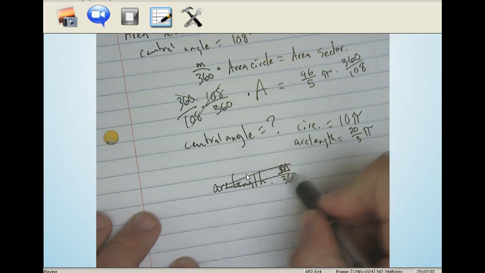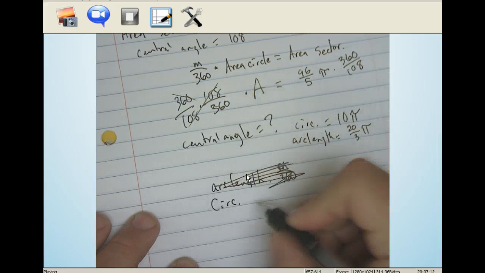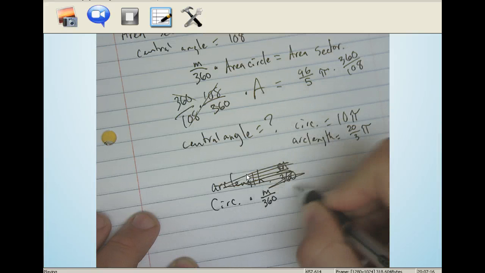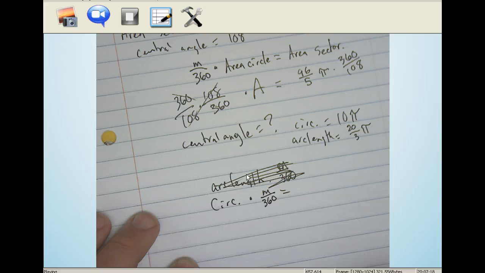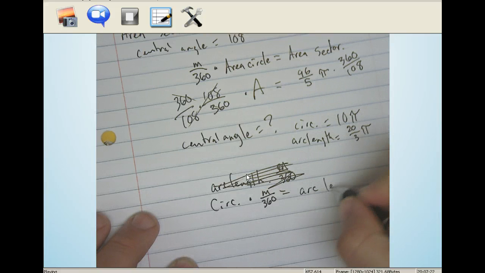Let's try this again. The circumference times the central angle out of 360, now that would be for degrees, is going to be equal to the arc length.